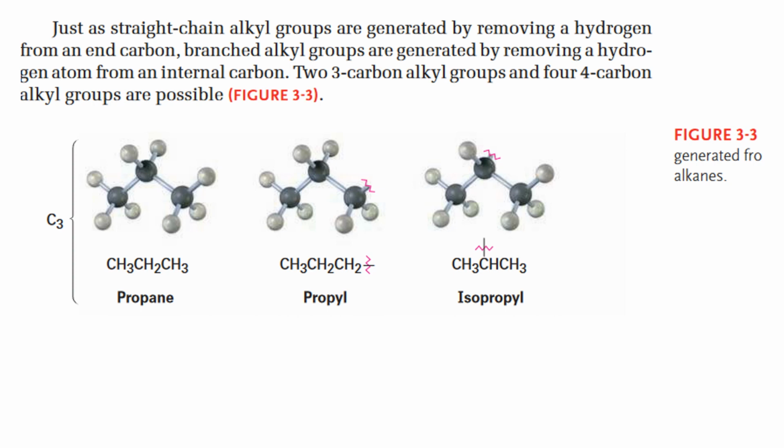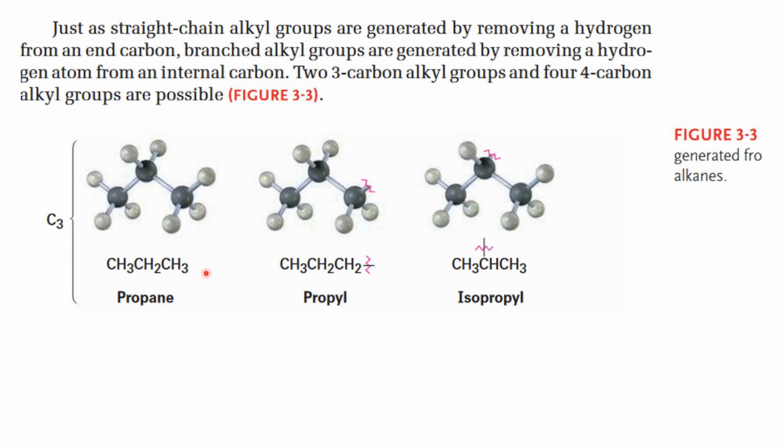There are also branched R groups or alkyl groups. Just as straight chain alkyl groups are generated by removing a hydrogen from an end carbon, branched alkyl groups are generated by removing a hydrogen atom from an internal carbon.